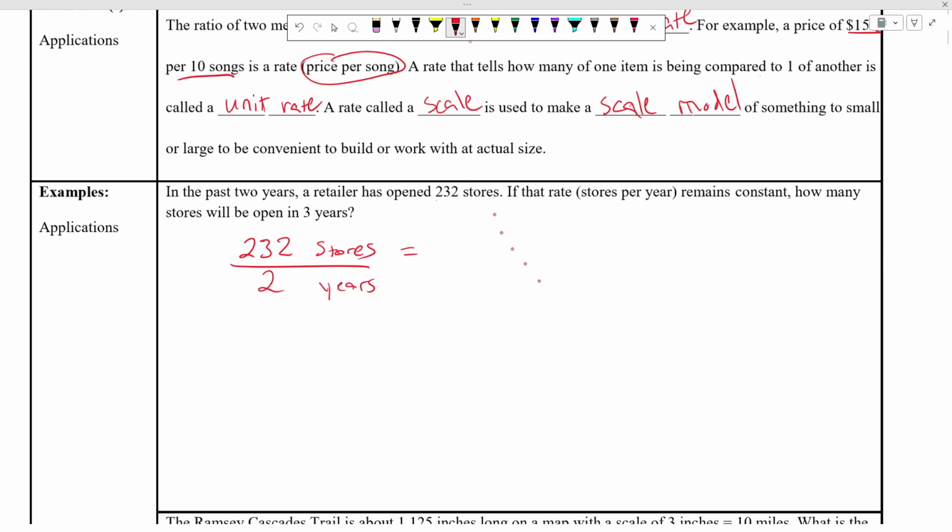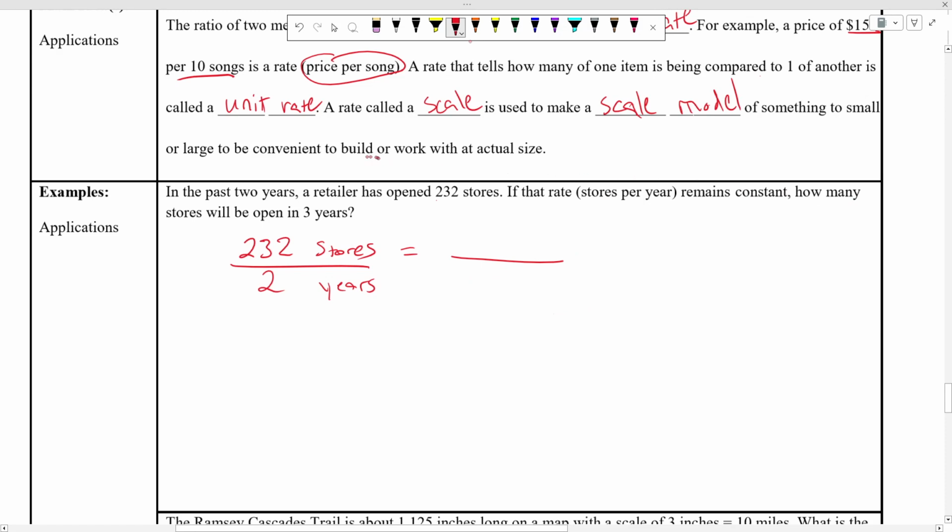And as I said earlier, if I'm setting a proportion correctly, I want the denominator units of one ratio lined up with the denominator units of the other. I don't want to be saying that these are years and these are years. I want to put a measurement of years here.